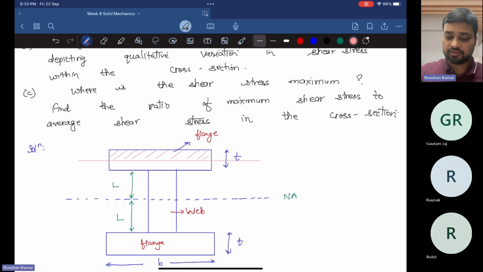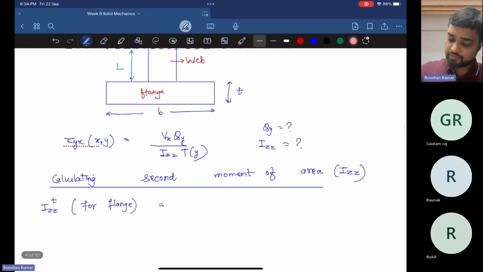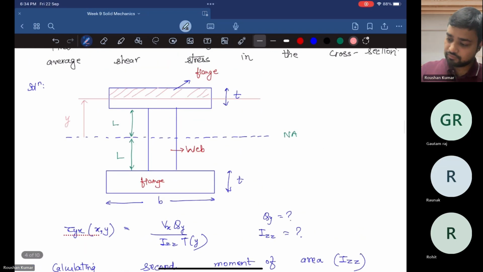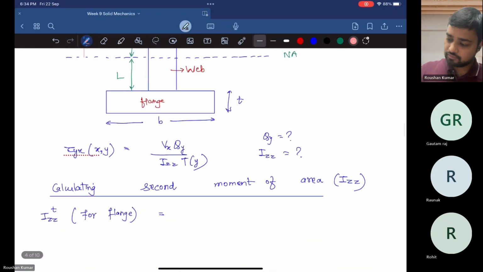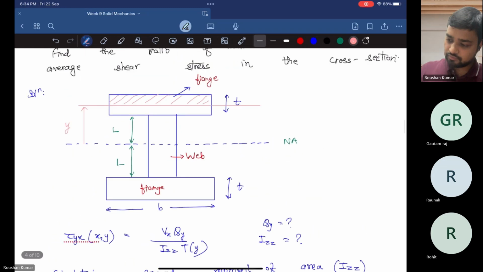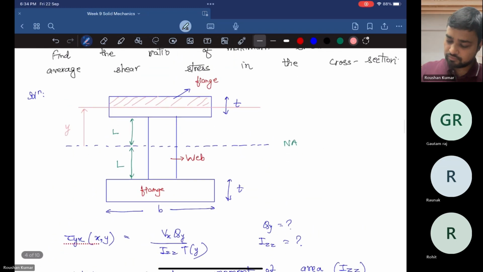Okay, on this shaded part we have to find the shear stress distribution, and suppose it is at a distance of y. So the shear stress formula is given by, and this length is basically t by 2.